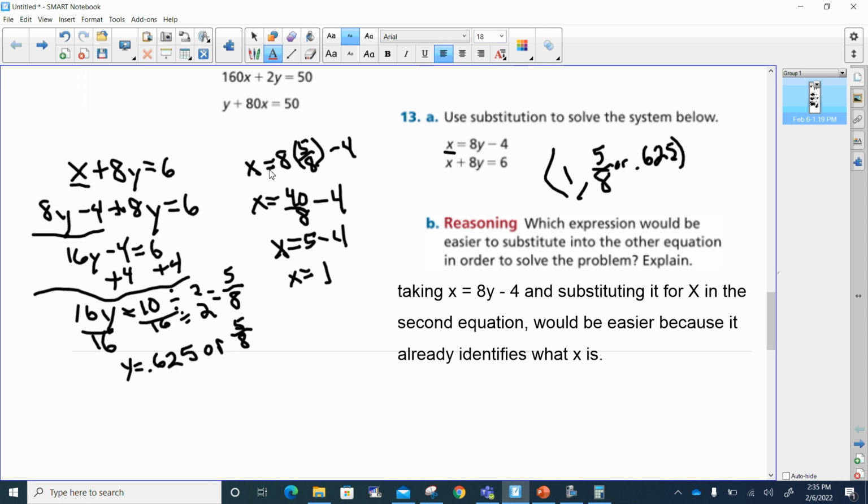So now I have x equals 8y, and y we said was 5 over 8, and then minus 4. 8 times 5 is 40, so now I have x equals 40 over 8 minus 4. 40 divided by 8 is 5, so now I have x equals 5 minus 4. 5 minus 4 is 1, which means x has to be 1. So x is 1, and y is either 5 over 8, or if you wrote it as a decimal, 0.625.